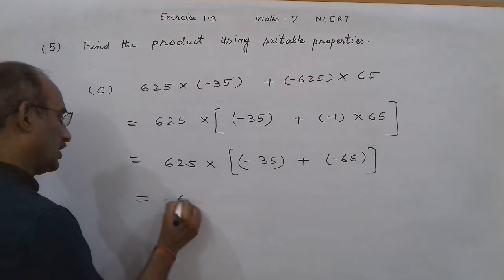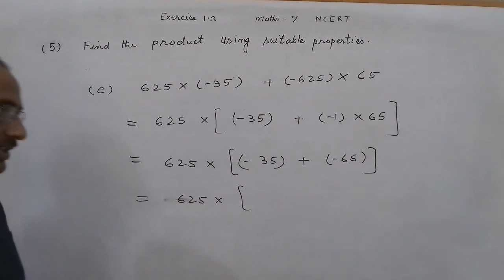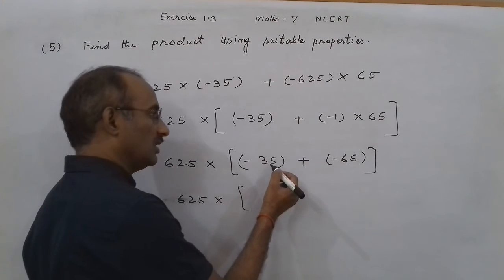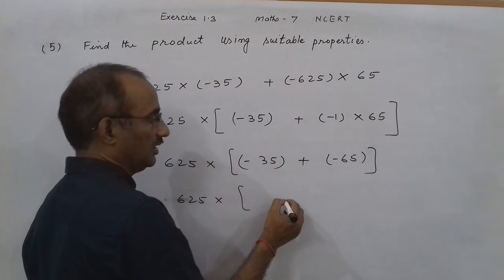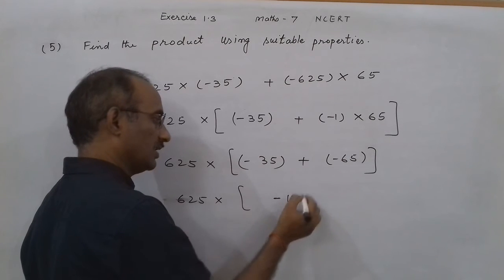Now the sum of two negative integers. To find the sum of two negative integers, we add them. So on adding 35 with 65, we get 100 with a minus sign.